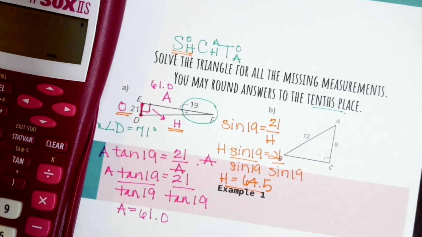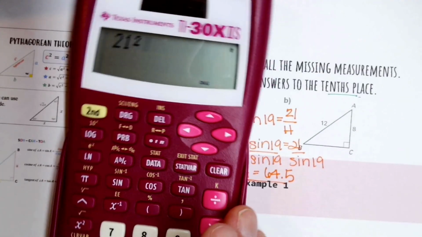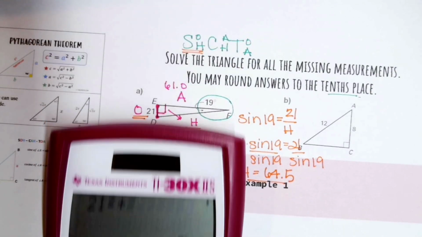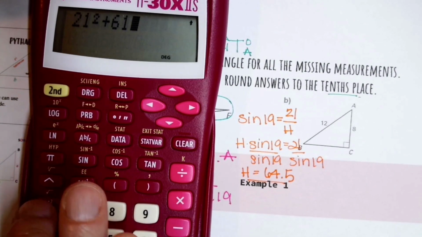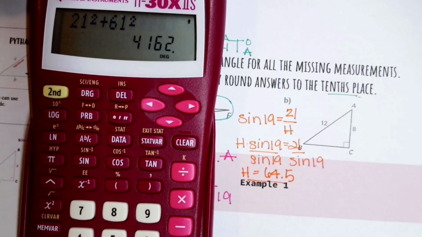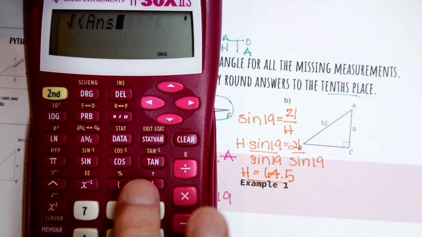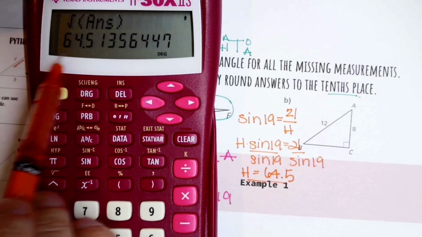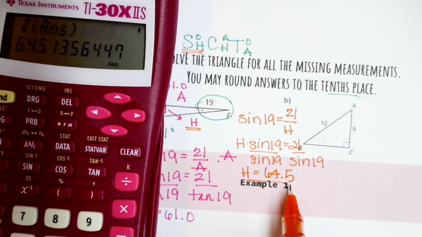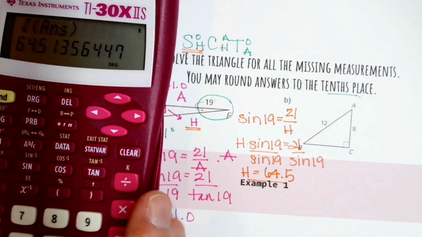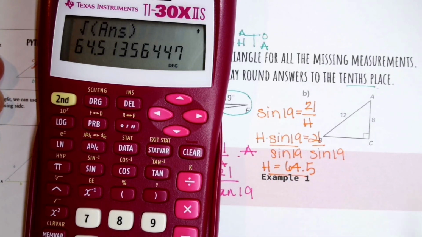So if I take 21 squared plus 61 squared, okay, so 4162. If I take the square root of that, it comes out to 64.5, which is roughly, now again, that's rounded, but we rounded in our work. That's roughly what I got for my hypotenuse. So we're feeling pretty good about those answers.